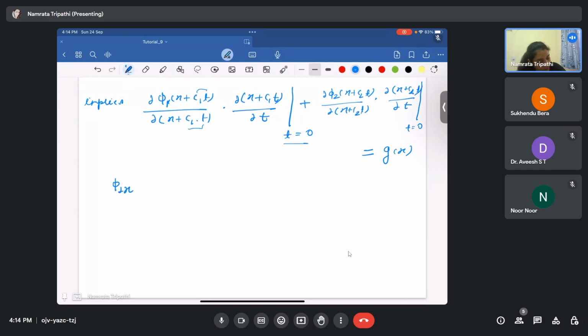And if you differentiate with respect to t, you will get c1, and in the second expression you will get c2 phi 2 dash x, equals g of x, where x belongs to R. Fine. Is there any doubt?